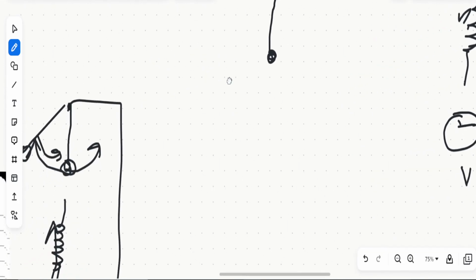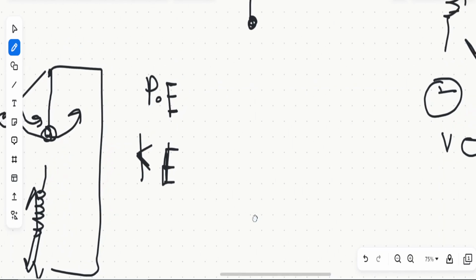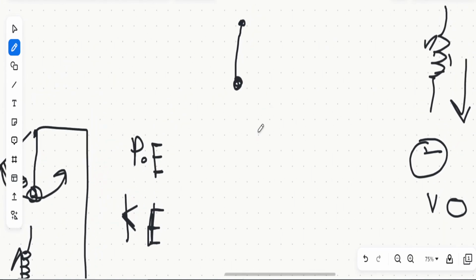So the final thing you need to know is what happens to my potential energy and what happens to my kinetic energy. All right. So when my ball is at the equilibrium, my velocity, I told you, is maximum.